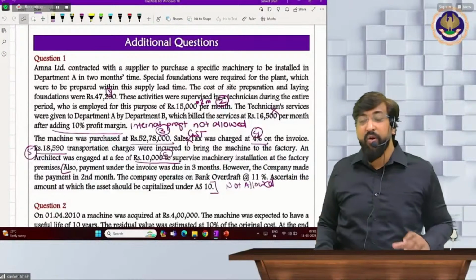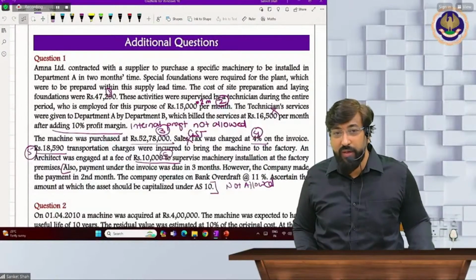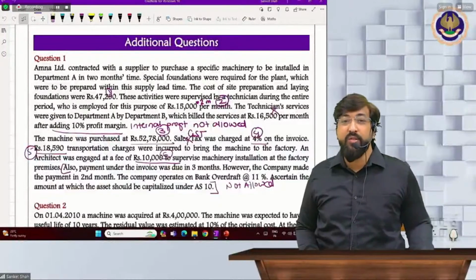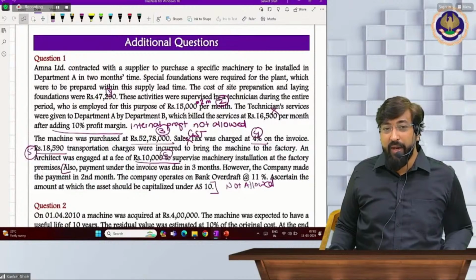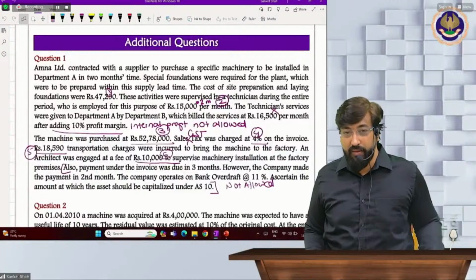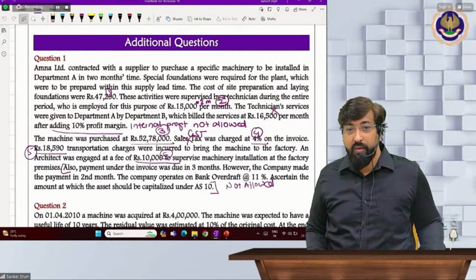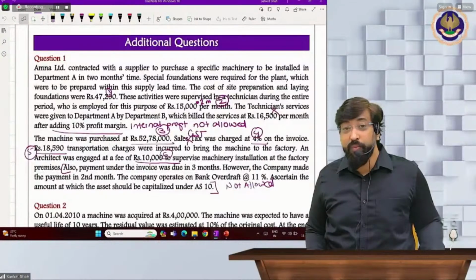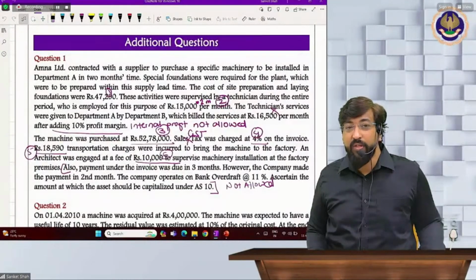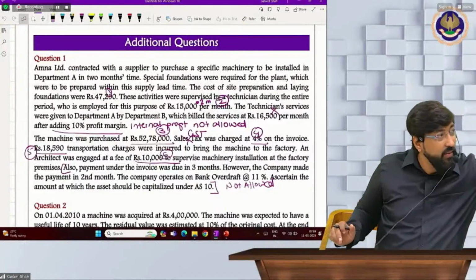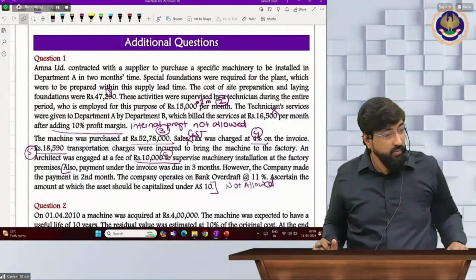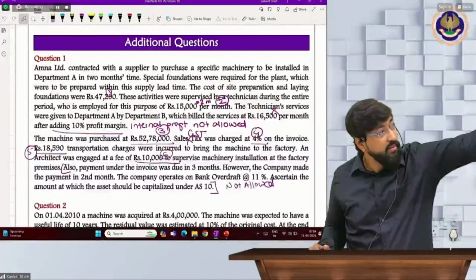Whatever the capital expenditure, you can take it on your calculator. These activities are supervised by a technician during the entire period, who is employed for the purpose at 15,000 per month. Now tell me how much time it needs? 2 months.